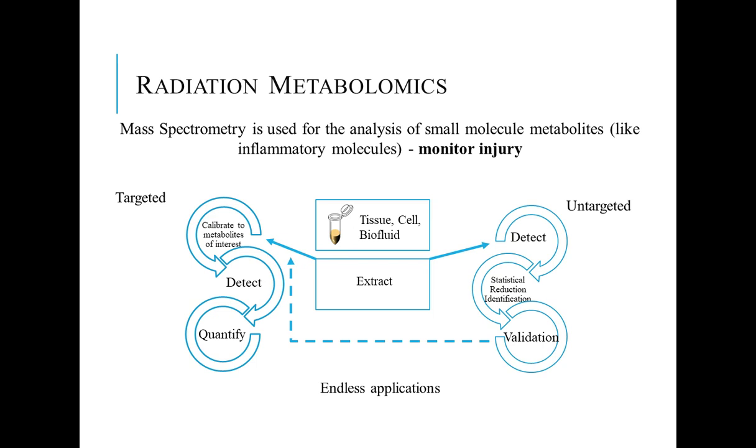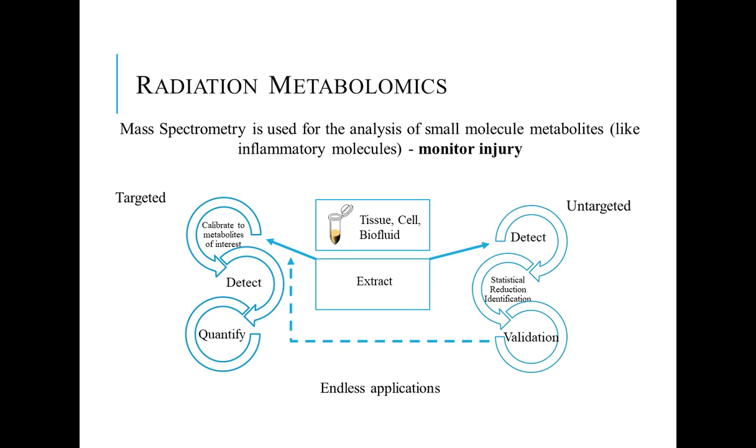And in a targeted approach, instead of collecting everything, you're going to calibrate the machine to the metabolites of interest. So if you're only interested in neurotransmitters, or you're only interested in things in the tryptophan pathway, then you would do a targeted approach. Now the machine's just calibrated to the metabolites of interest. You detect those of interest, and you can quantify how much of that metabolite is present.